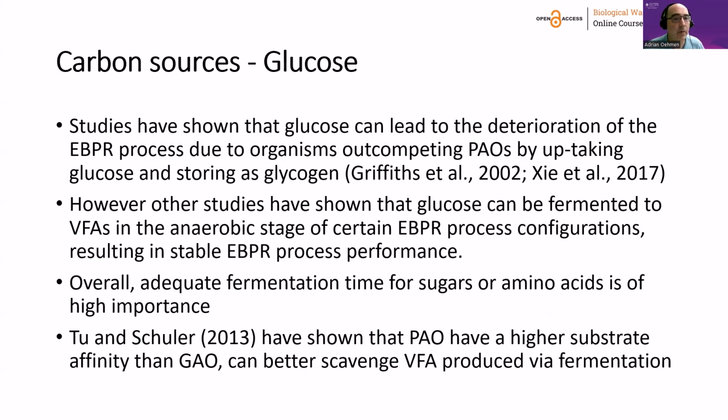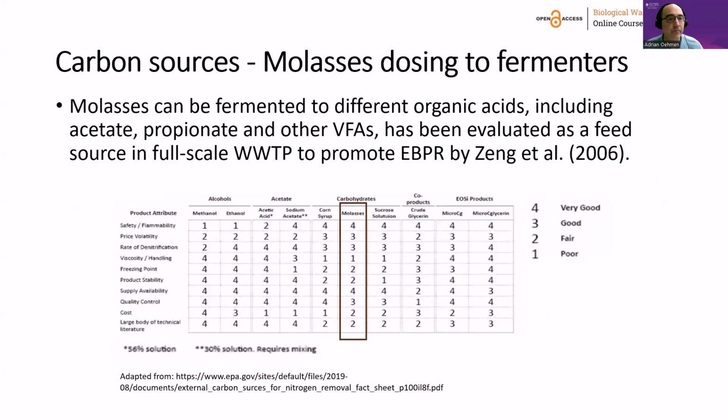Okay. So that has a link then with what's been observed in the literature in terms of the uptake of something like glucose. And when looking at other sugars, say molasses has been dosed, for example, to pre-fermenters or fermentation tanks towards different organic acids, particularly acetate and propionate.